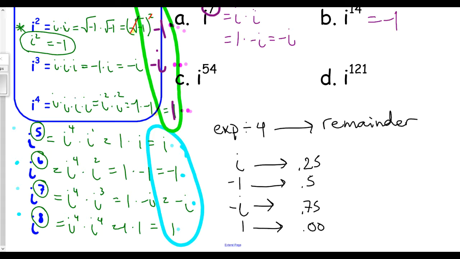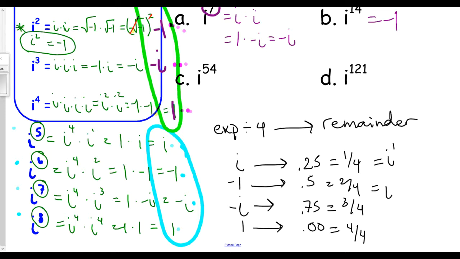So the shortcut way to apply this pattern for powers of i is really just to divide by 4, because that tells us how many times the number 4 fits in. And then, because 0.25 is really the same thing as 1 out of 4, 0.5 is the same thing as 2 out of 4, 0.75 is the same thing as 3 out of 4, and a remainder of 0 is the same thing as 4 out of 4, that tells you that this one is going to be the same as i to the first.